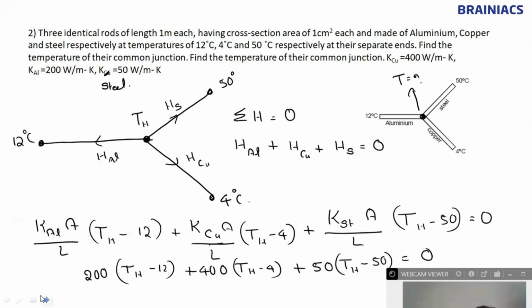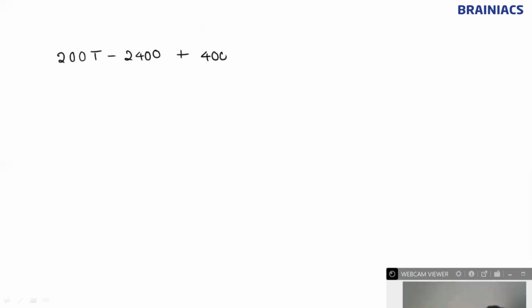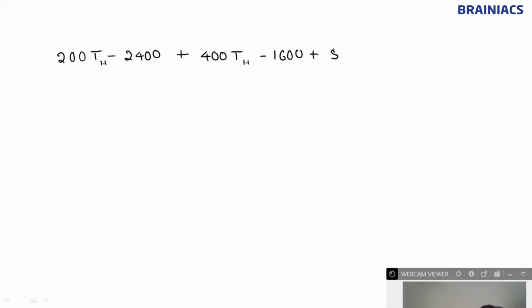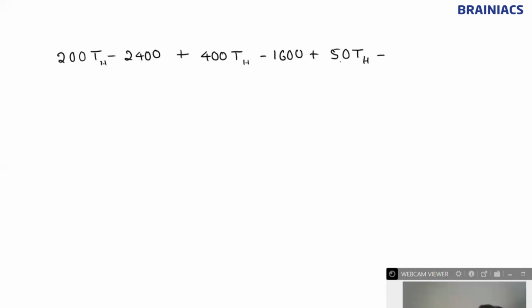So now when we simplify this, we will be getting 200T minus 2400 plus 400 into Th, all of these are Th, then 400 into 4 is minus 1600 plus 50 into Th minus 50 into 50, that is 2500, minus 2500 is equal to 0.